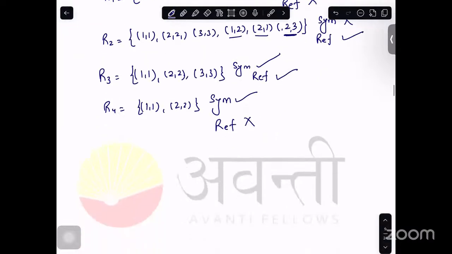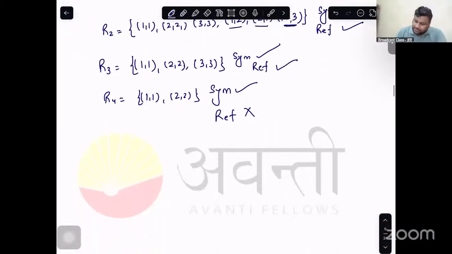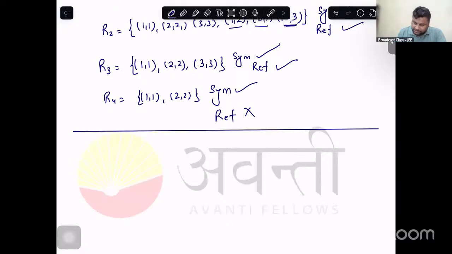Then there comes a third type of these relations, that is transitive relation.